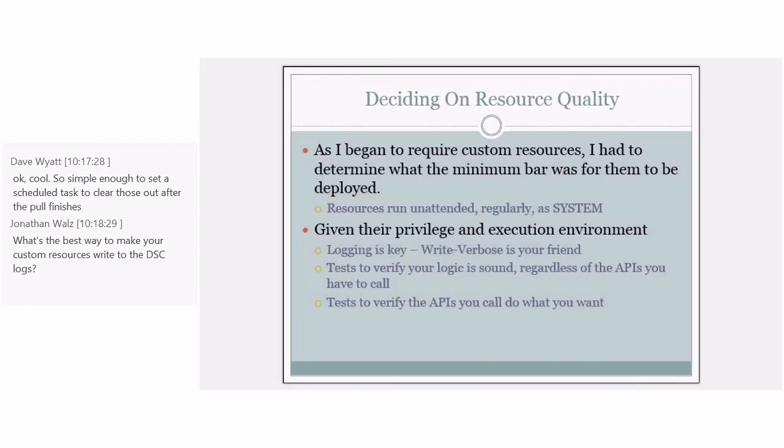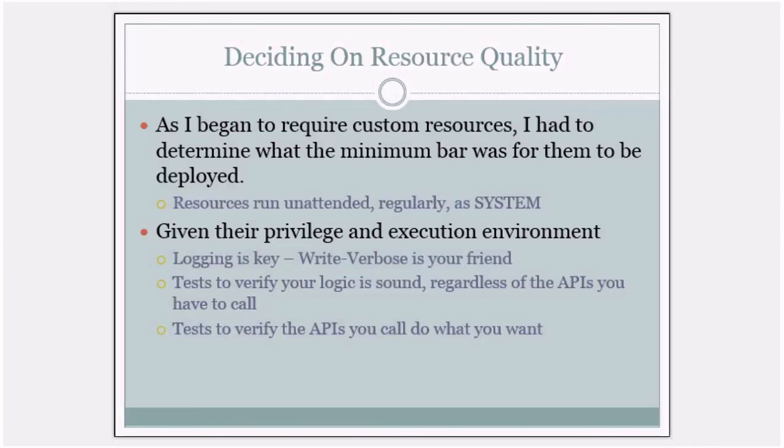How I created it was a bunch of PSD1 documents that contained hash tables, and this would read it and build up the configuration data hash table. You could store it however you like. You just need to be able to assemble configuration data from it.